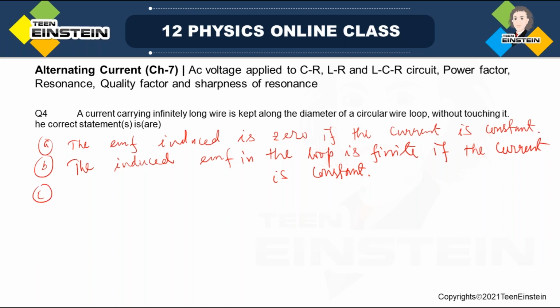Then option 3 is that the EMF induced in the loop is zero if the current decreases at a steady rate.